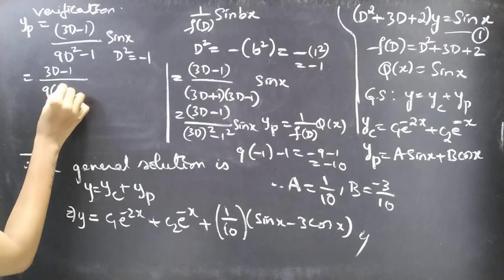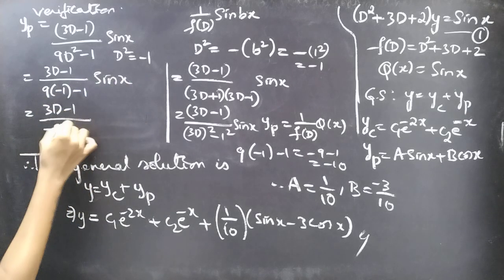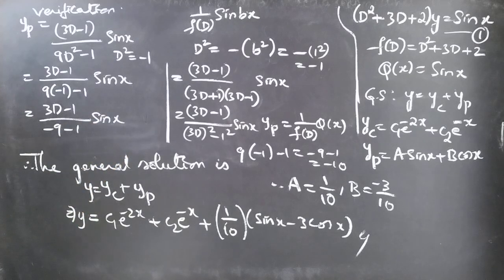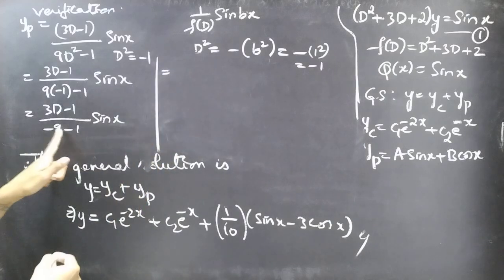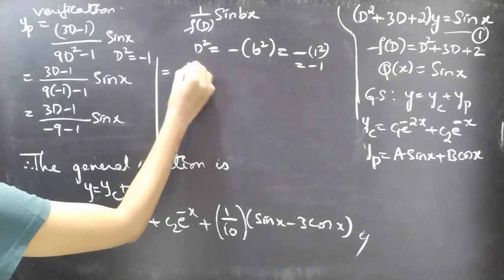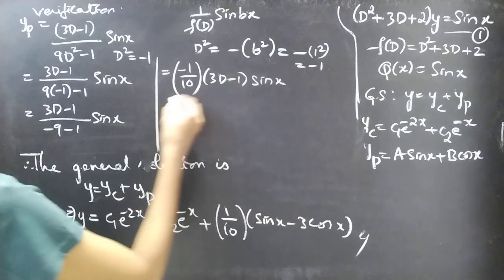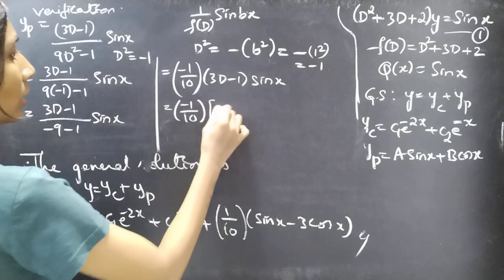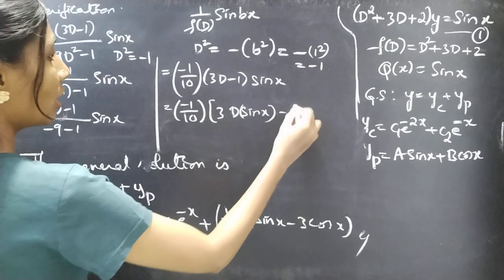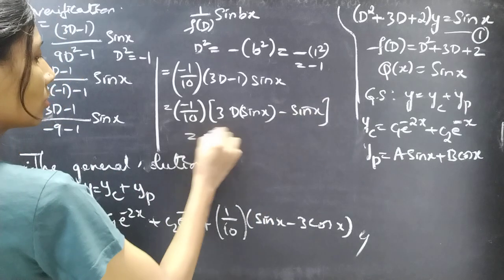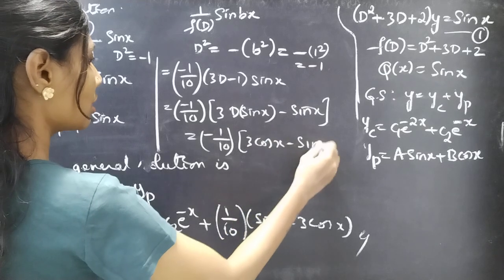You'll get 9 into minus 1 into sin x, which is equal to 3d minus 1 by minus 9 minus 1 into sin x, which gives us minus 9 minus 1 is minus 10. So you'll get minus 1 by 10 into 3d minus 1 into sin x, which is equal to minus 1 by 10 into 3 d sin x, that is derivative of sin x, minus sin x, which gives us derivative of sin x is cos x minus sin x.